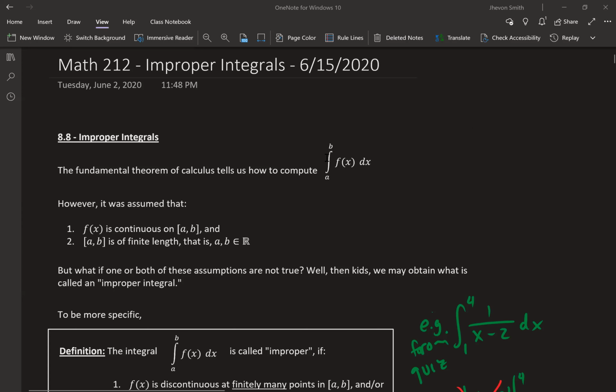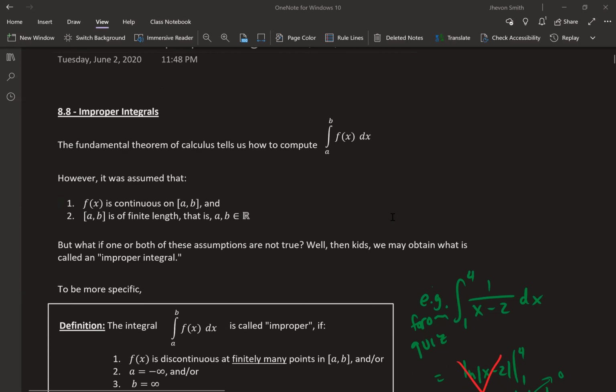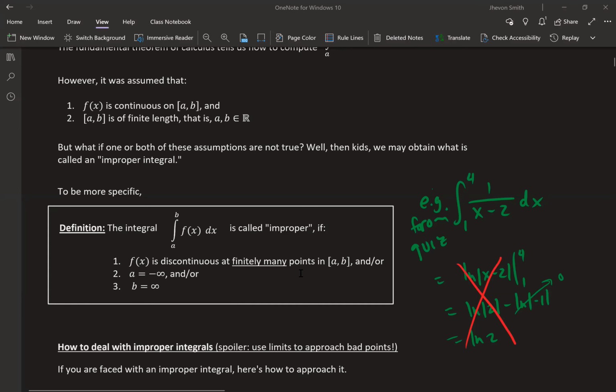Now, whenever an integral does not obey one of these two assumptions, we call that an improper integral. There are basically three ways in which this can happen. If any one of these occurs, you have an improper integral, but potentially all three, or any two, can occur.